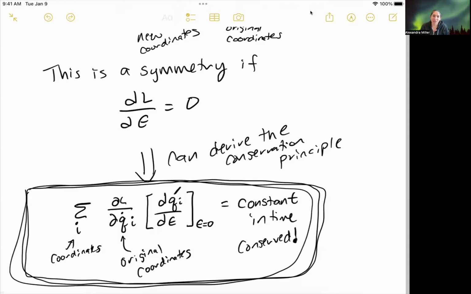But hopefully it's clear. The thing that you find is conserved might not be a normal familiar classical thing, but these are still going to be very useful. So conservation principles are always going to be useful things, and this is how, given some transformation that your Lagrangian is invariant under, you can calculate what that conserved quantity might be.